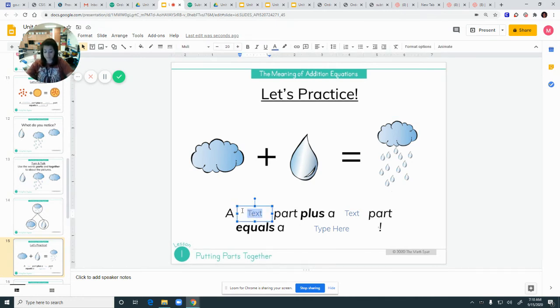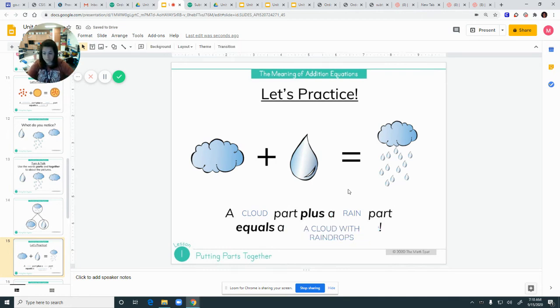So a cloud part plus a rain part equals a cloud with rain. Not too bad, right? That plus sign, or the addition symbol, shows that we're putting things together. And it's really important to understand that we're putting things together to make our whole.